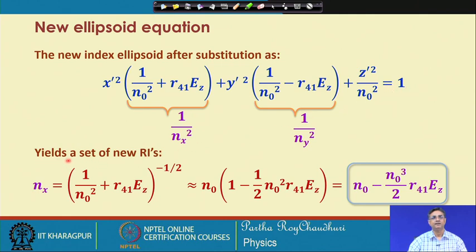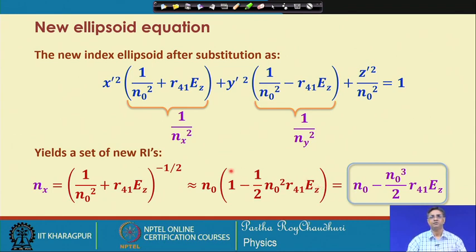And then it yields a set of new refractive indices, because this entire quantity is now 1 by n x square, the new refractive index for x, and this is the new refractive index for y. So, n x will be given by this, which by binomial expansion can be approximately written as this, because this quantity is very small, 10 to the power of minus 12 or so.